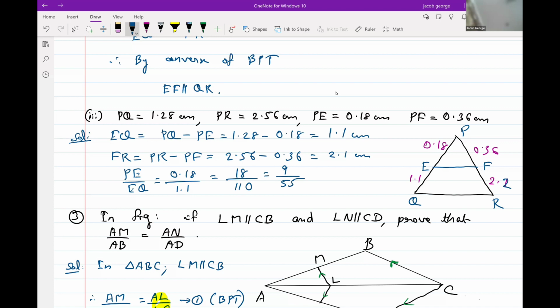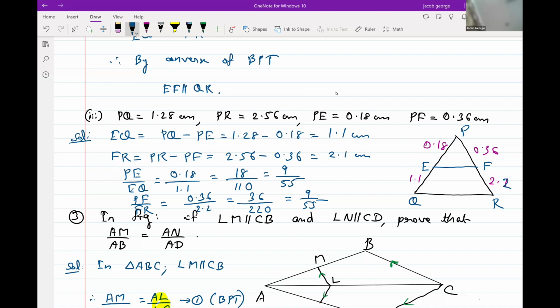All of you understood this one? Yes. Next is PF by FR. That is 0.36 by 2.2. When you multiply by 100, we get 36 by 220. 36 by 220 is same as 9 by 55. It is same, right? Divide by 4, you will get 9 by 55.